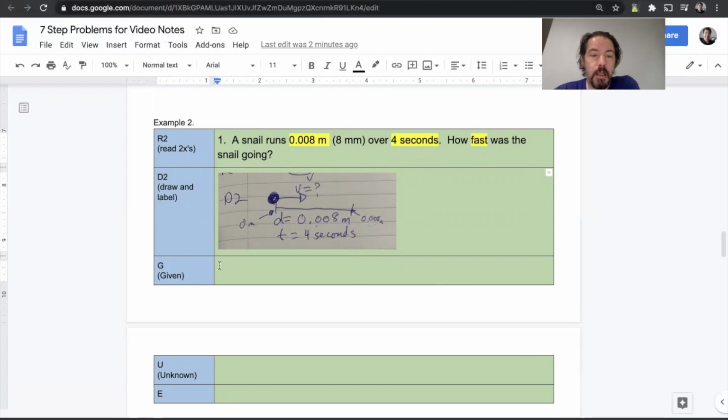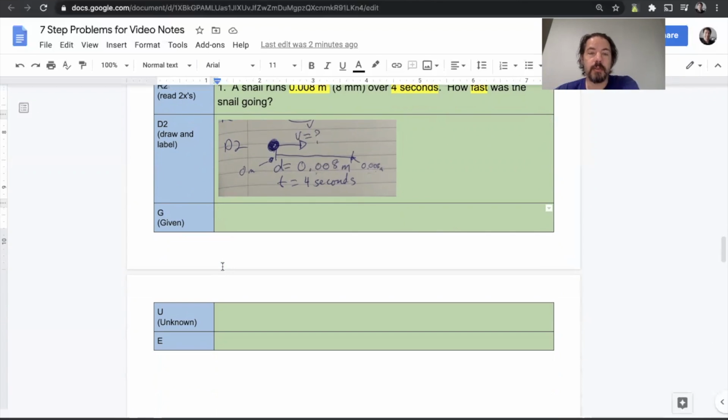Now we're going to list our givens. Our givens are distance equals 0.008 meters, time equals 4 seconds. Our unknown is velocity equals question mark.